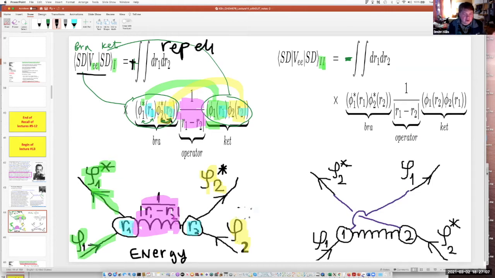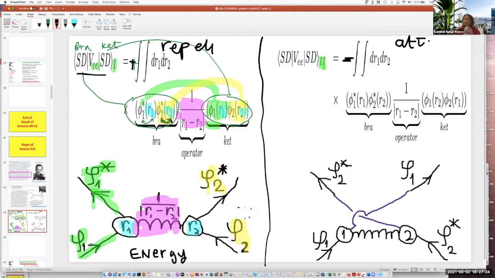Now let's focus on the second part of this slide. Since we have a minus sign, it will be attraction. This is a very unusual situation. This term looks like two negatively charged electrons attract each other. It sounds like nonsense, right? But this is only an abstract concept.